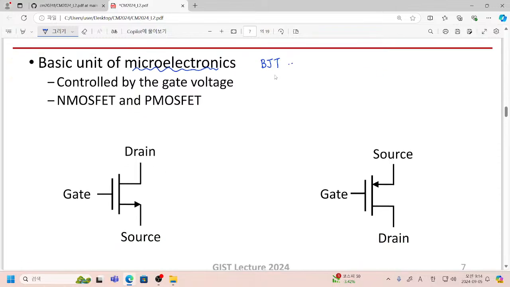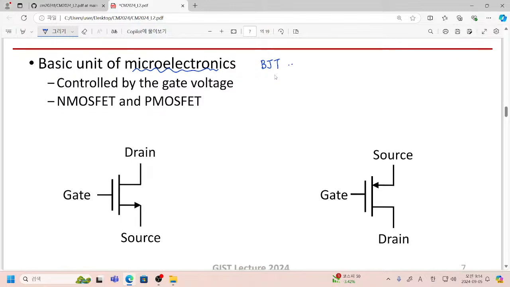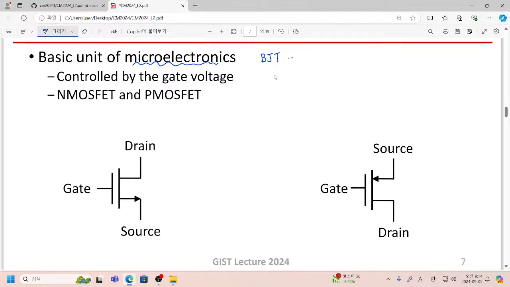Okay, in this case, we have two different types of devices, typically called N MOSFET and P MOSFET. As we know, the letter N and the letter P originated from negative and positive.